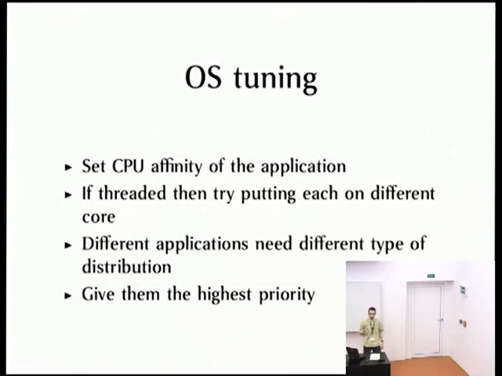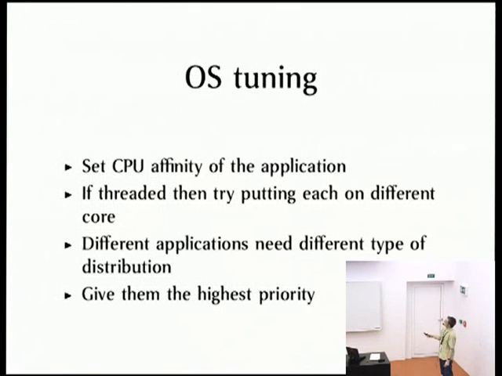So you have to optimize it as well. And there are things you can do without recompiling the kernel and so on. It's like setting the CPU affinity of your application, so the application doesn't jump from one core to another and just sits on one.